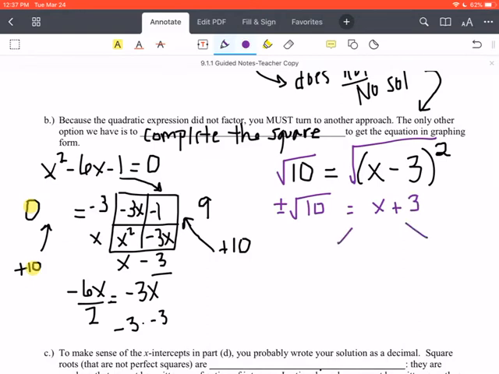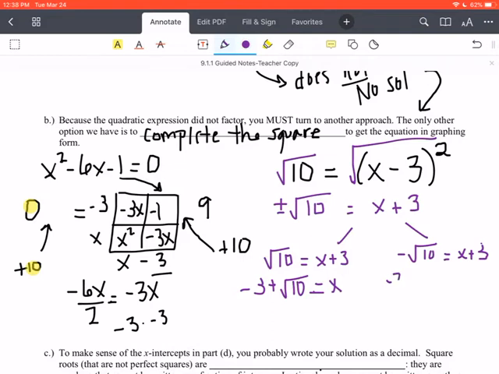We have the square root of 10 equals x plus 3, and then we have the negative square root of 10 equals x plus 3. So we are going to solve these in the same way by subtracting 3. So we have negative 3 plus the square root of 10 equals x. And then we have negative 3 minus the square root of 10 equals x.